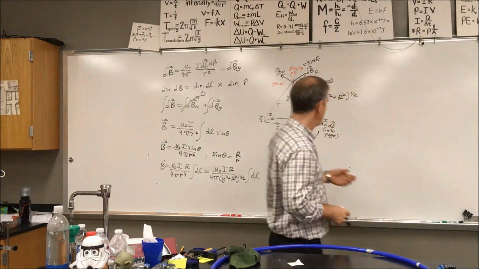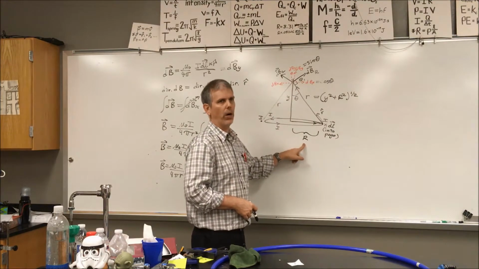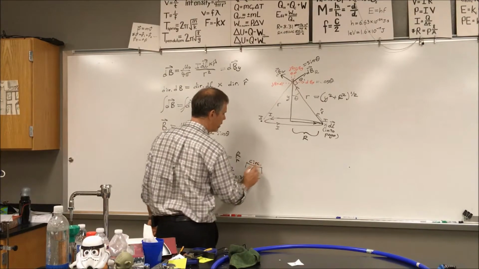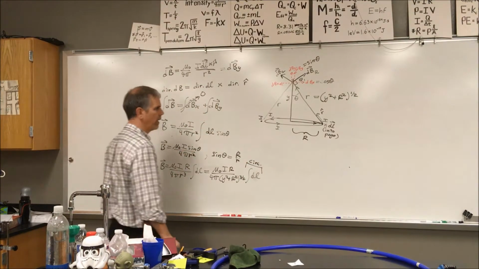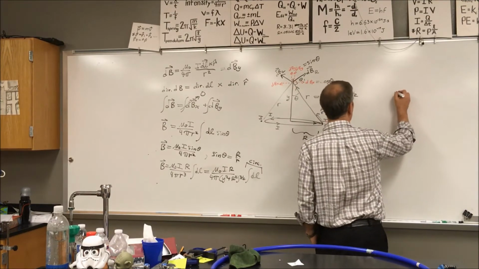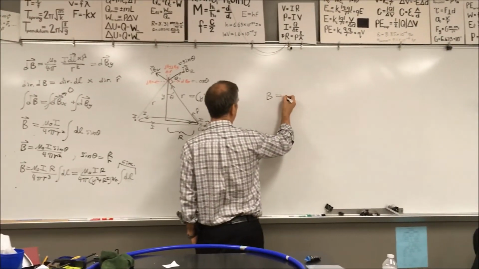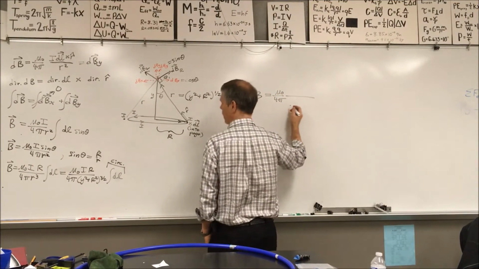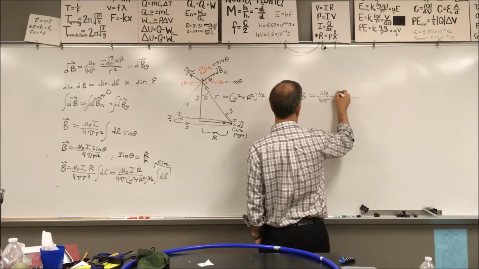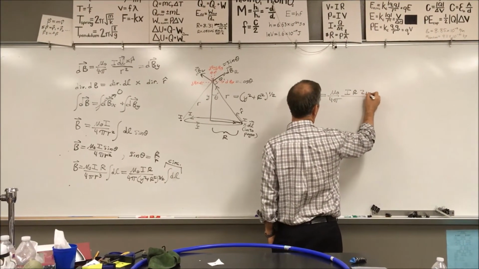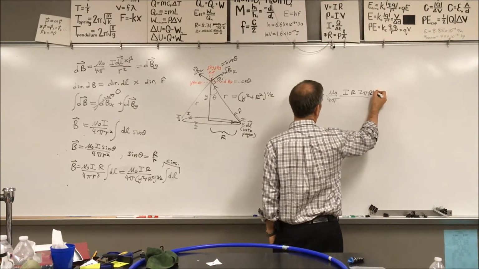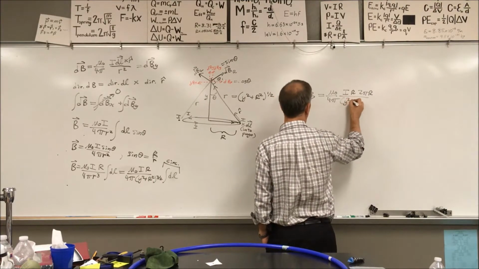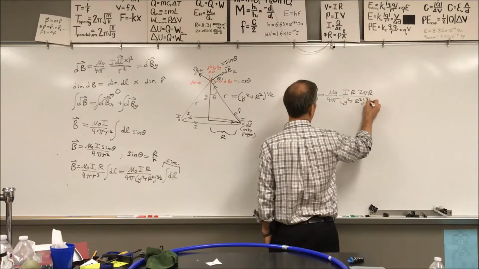Circumference, which is just 2 pi big R. Adding up all the little dLs all the way around gives us our grand finale, where the magnetic field due to a loop of wire equals mu naught over 4 pi, I R times 2 pi r, over y squared plus r squared to the 3/2.